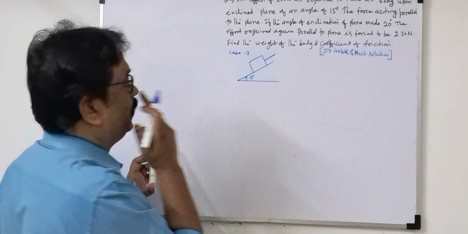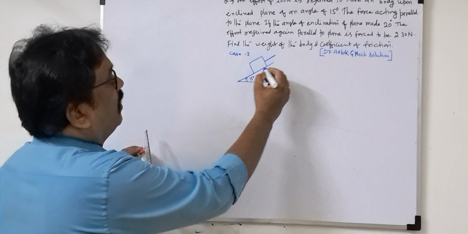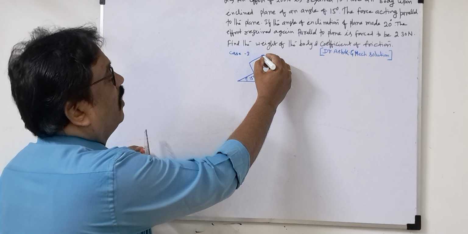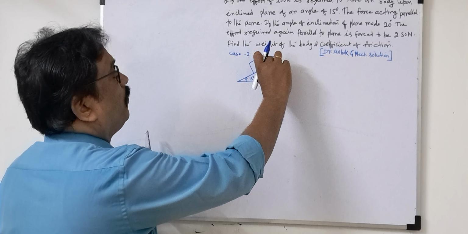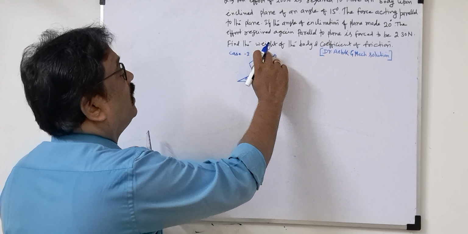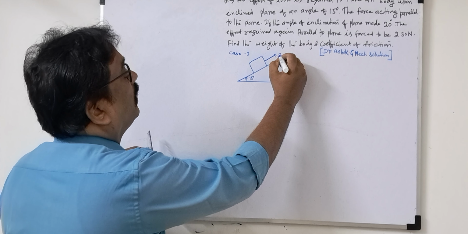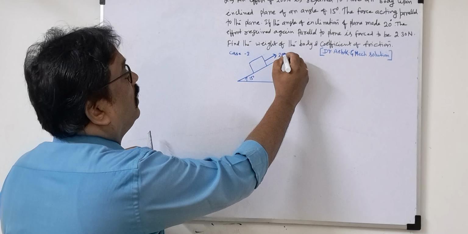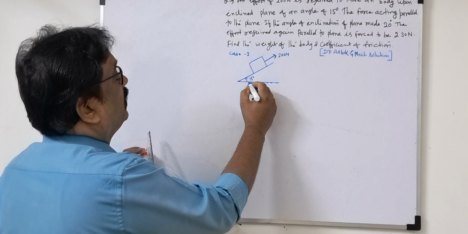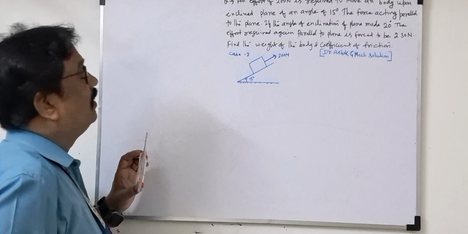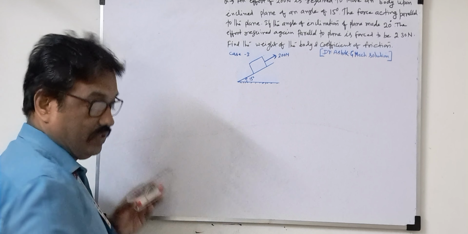How do you know it is parallel to the plane? Suppose the body is on an inclined plane, how will it move? The body will move this way. That's why this force is parallel to the plane. 200 newton is given. This is the diagram, and it will definitely be a rough surface.